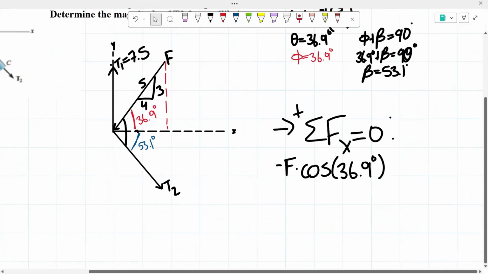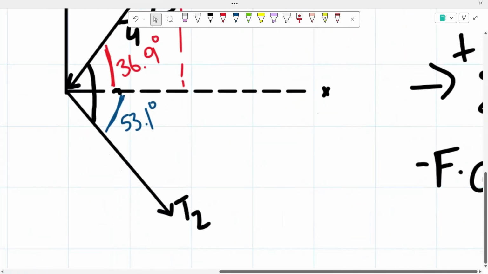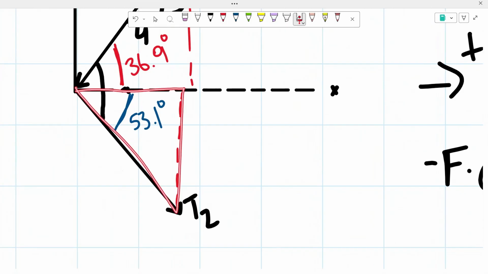So now we're going to move on to our t's, t of 2. Our t of 2 is going to be positive since it is slanted to the right. And once again, we found this angle right here. So if we were to draw a triangle right here, we are trying to find the horizontal component, this side right here, and we are also trying to find the magnitude of this side of the triangle.